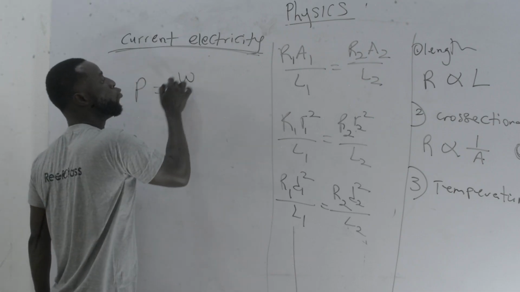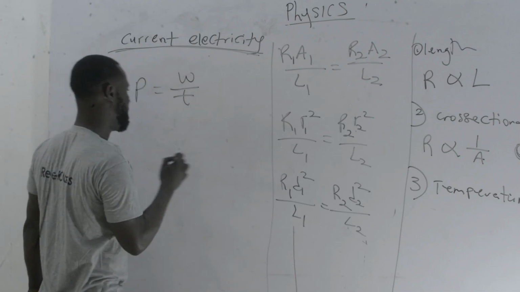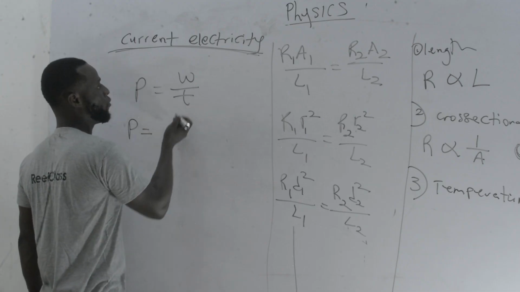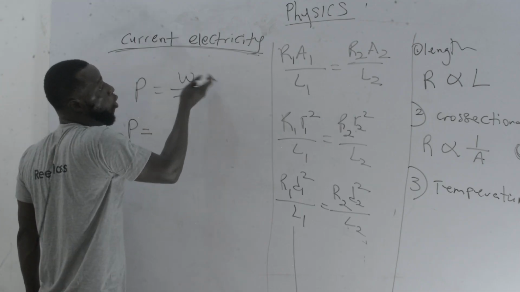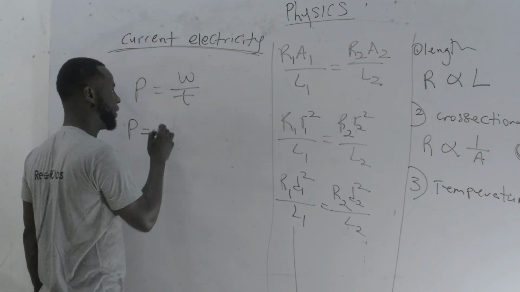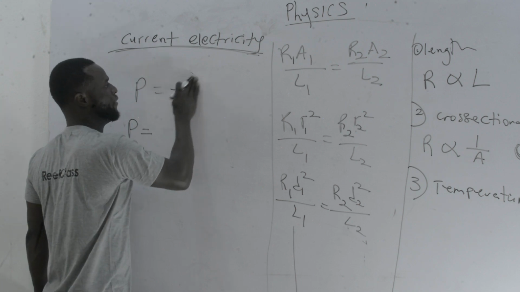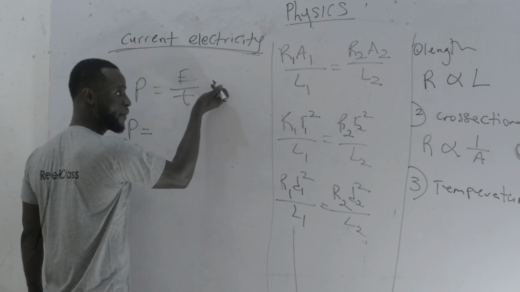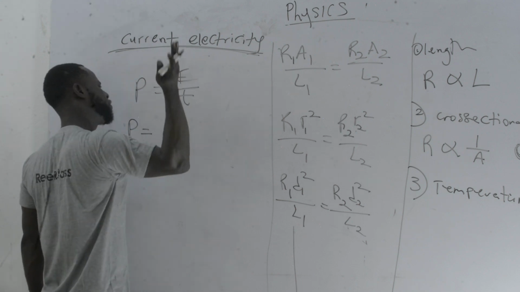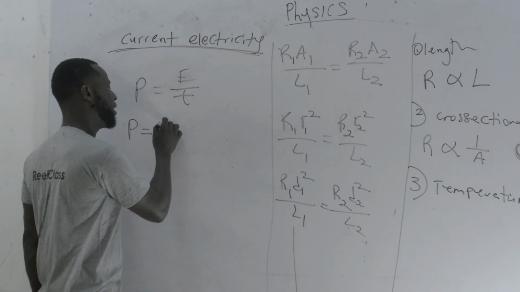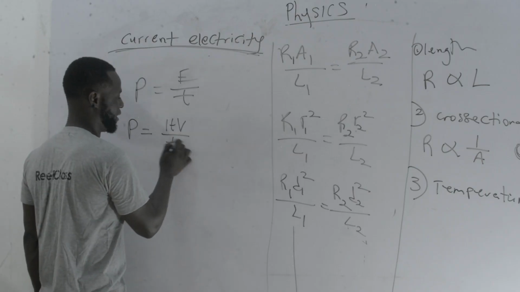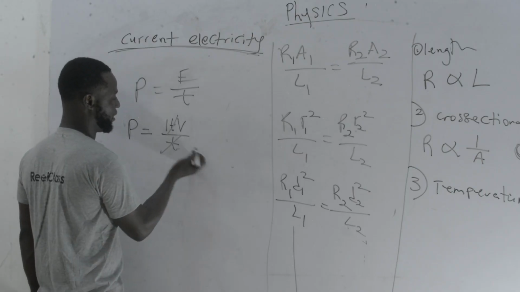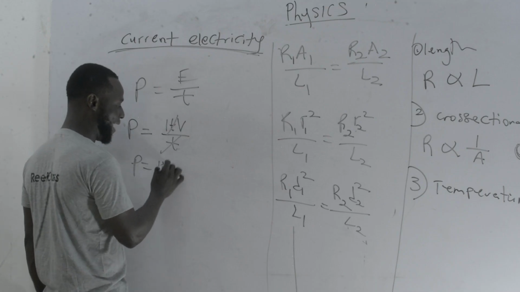So power is equal to work over time. I can even replace this W with E if I want to. Then remember I told you that E is ITV, right? So I can say ITV over T. Now this T cancels out this T. So I can say electric power is just IV.